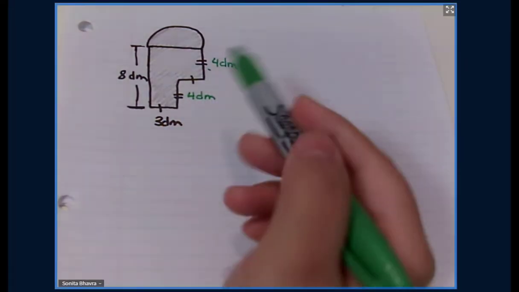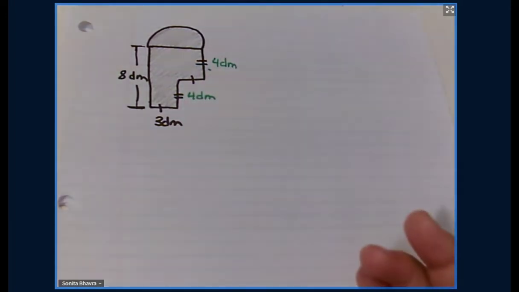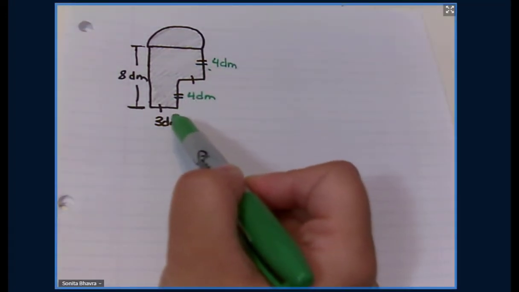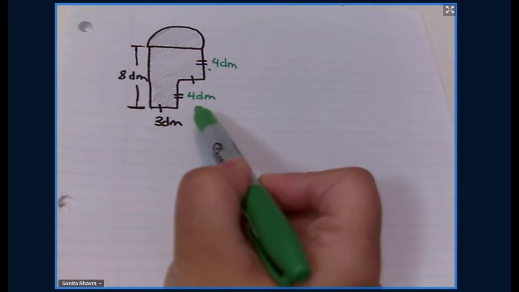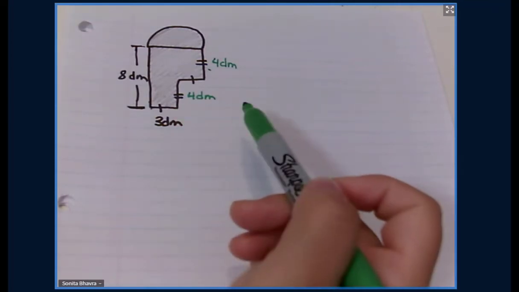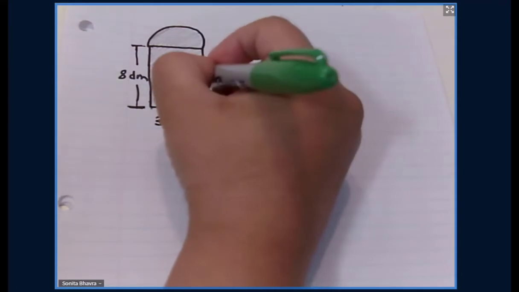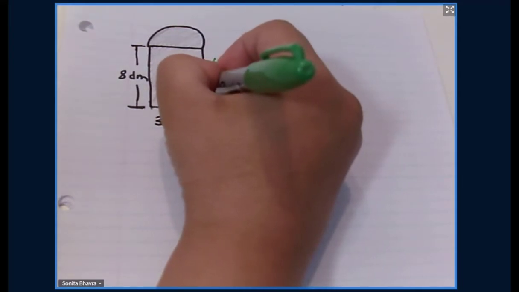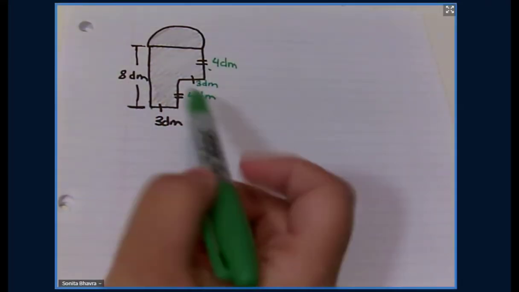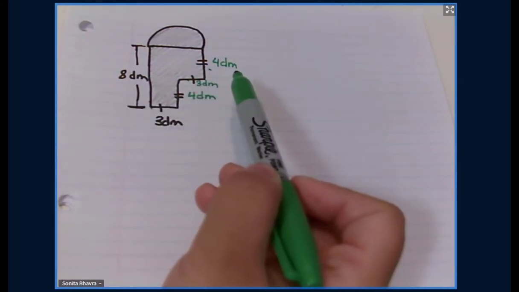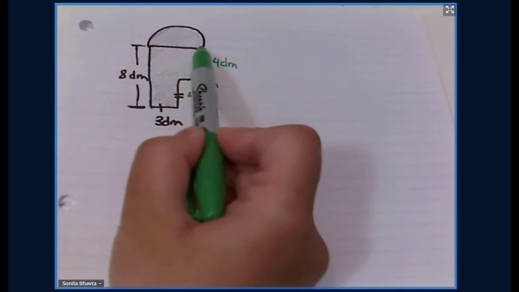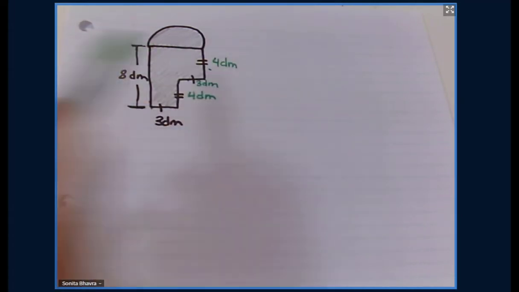All right, so the double dashed line. Here we have 3 decimeters from here to here, so therefore from here to here will also be 3 decimeters. So we have 3 decimeters and 3 decimeters, which is 6 decimeters. So that will give us the diameter of our circle.